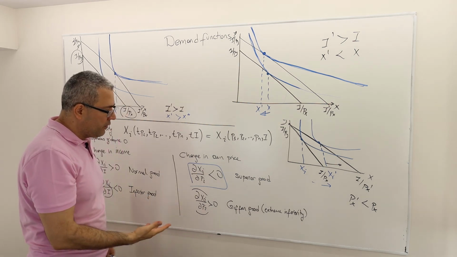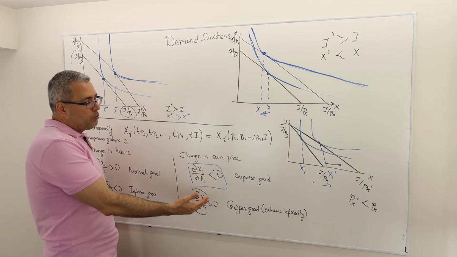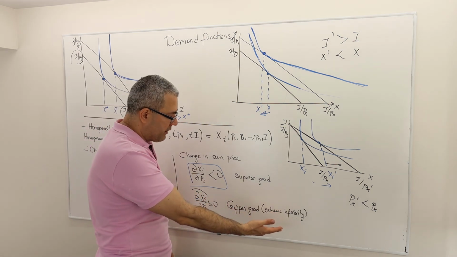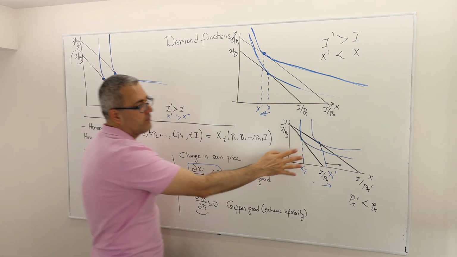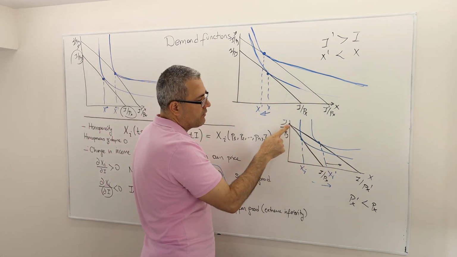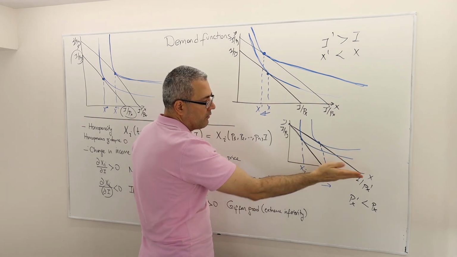And why do Giffen goods happen? Well, these goods are extremely inferior. When the price decreases, the shift happens this way. This part is fixed, but it shifts on the horizontal axis.